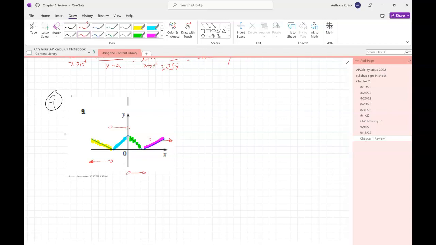What else? Jack? Number 14 on 2.7. 2.7, number 14? Sure. That's a good one. Let's see, that's page 151.